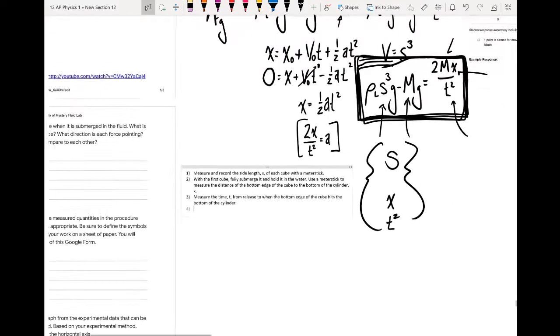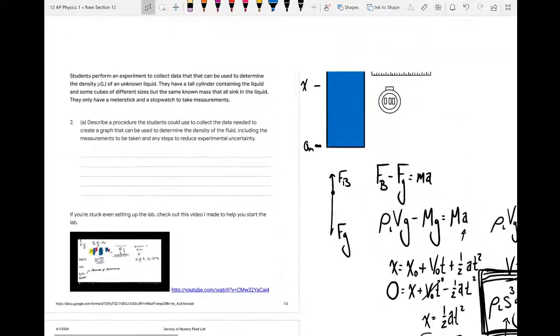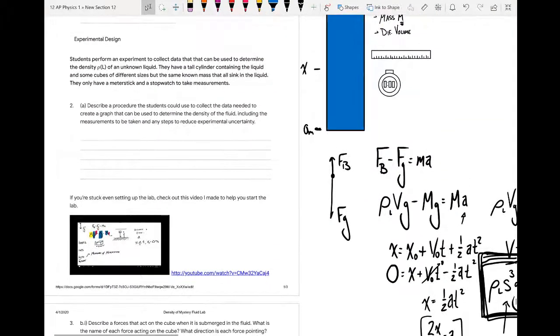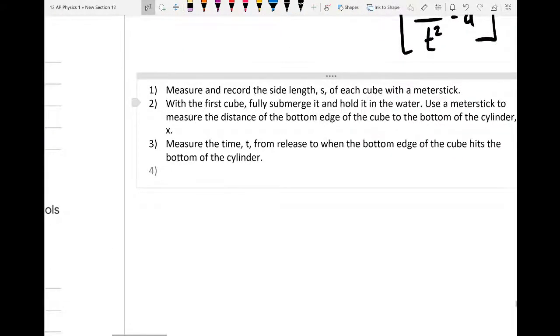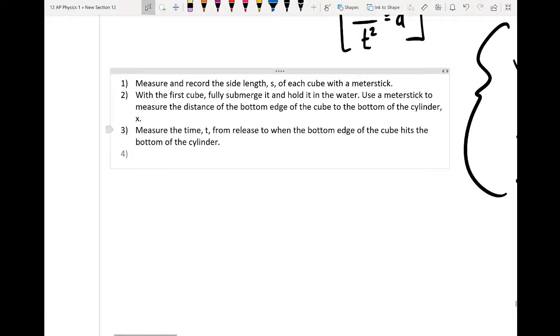Now the last piece, something that the College Board really cares about, something that they really focus on, is this idea of experimental uncertainty. That's really just us covering our bases, thinking about what we can do to make our experiment even better. Because we're not doing this experiment, we can be as extra about it as we want.